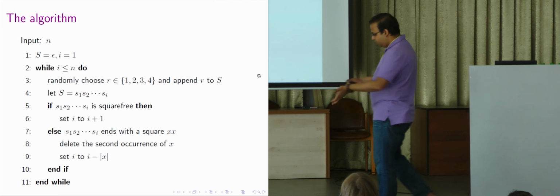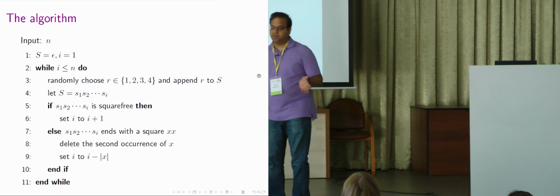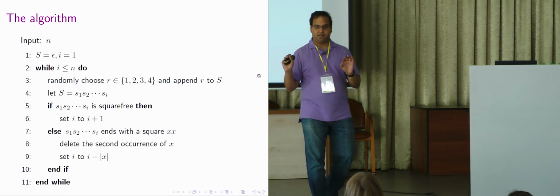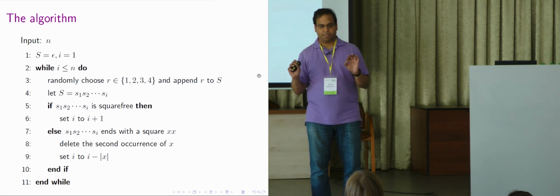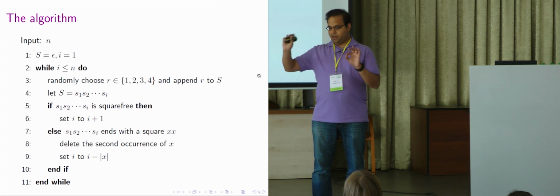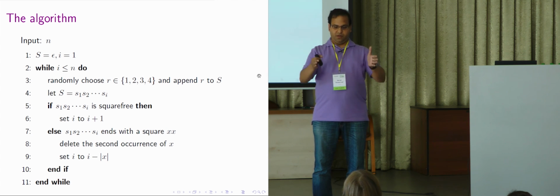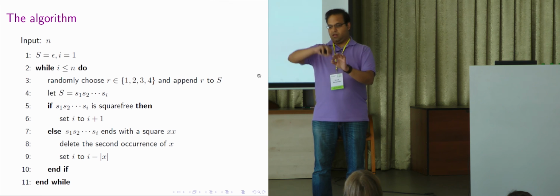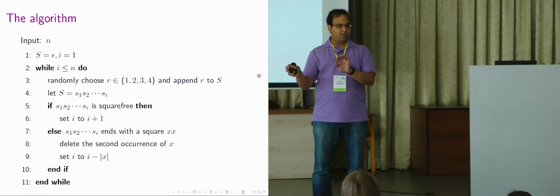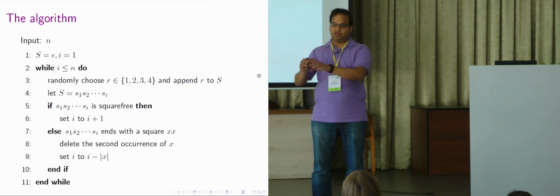And the obvious computer program that you write is a backtracking algorithm, right? So you try to build a word one symbol at a time. Let's say you've built a square-free word of this length, then you try to extend by one symbol, and if it works, great, you keep extending.